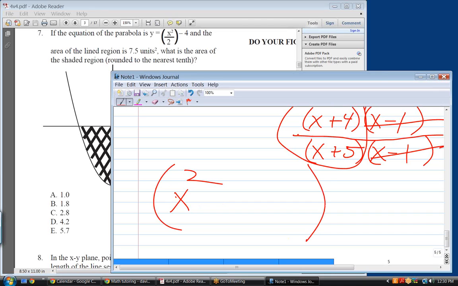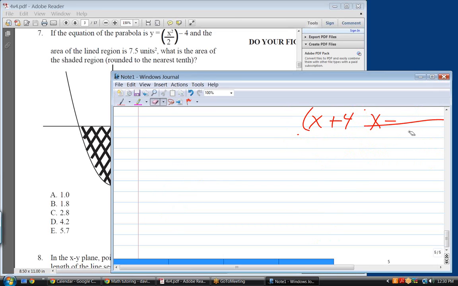You just need those simple 3 to 4 steps that I've taught you for factoring. As long as there's no coefficient in front, factoring is actually quite easy. It's only when there's a coefficient that it can become tough. But I don't think they're going to give you problems like that on the test that require you to factor something that has like a 3 or a 4 in front of the x squared.